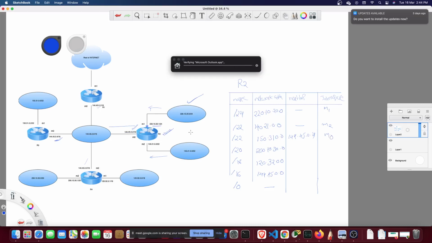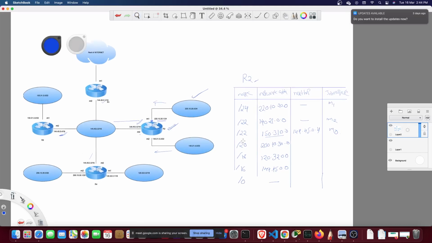Okay, so this is R2, and on the M0 interface this next hop is connected. So this is like this. When a packet is destined for this network, the router gets the next hop address and sends that packet to the next hop over the M0 interface of router R2.